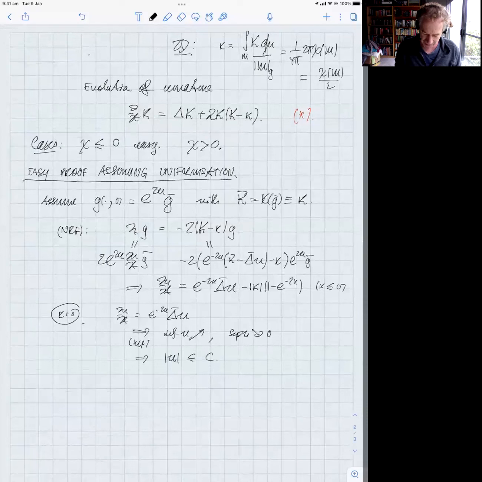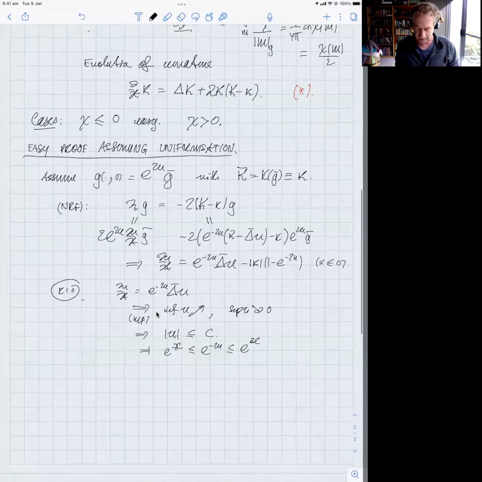Once I know that, then I know that this coefficient, the e^{-2u} at the front here, is also uniformly positive. So I get e^{-2c} less than or equal to e^{-2u}, less than or equal to e^{2c}, something like that.